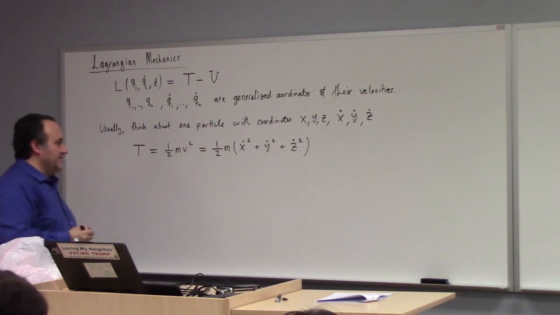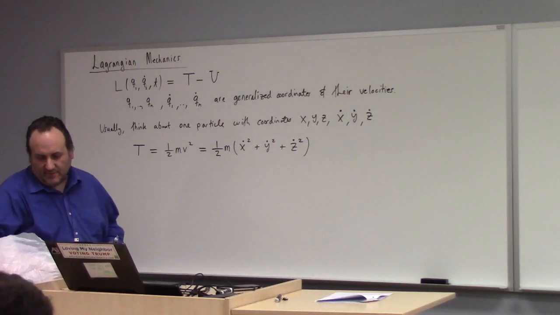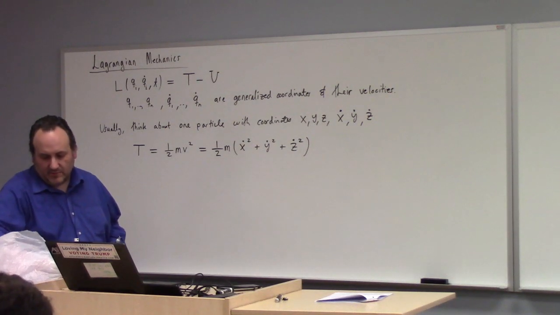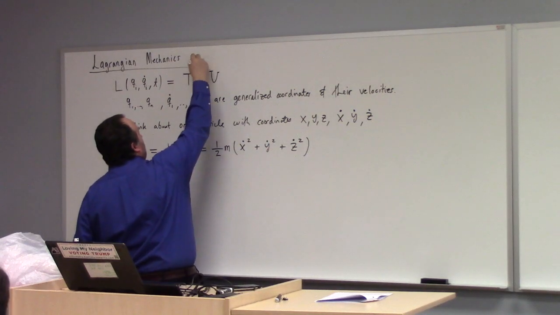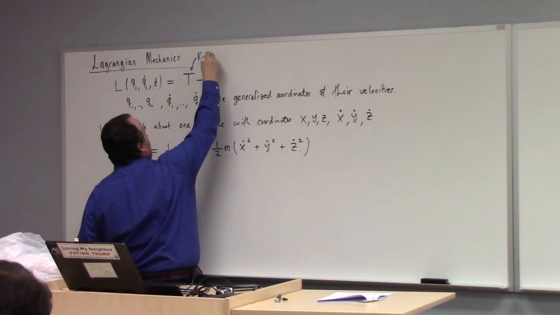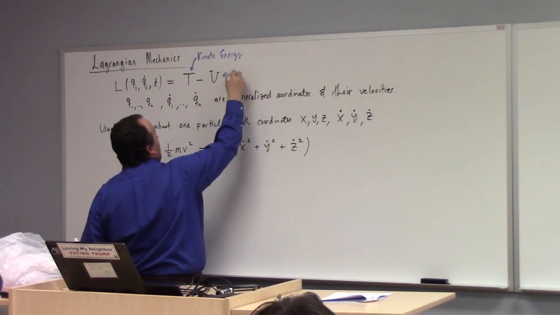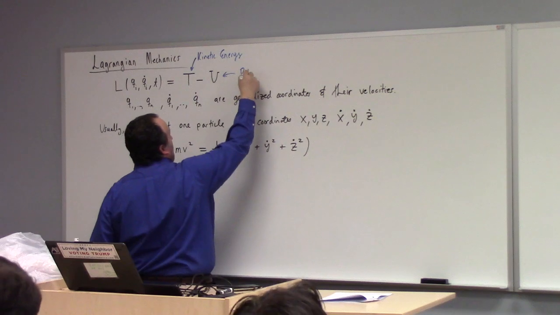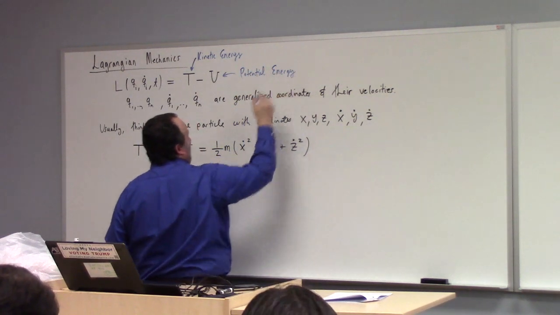So there's your handy dandy kinetic energy. And the potential energy depends on the physics of the situation, which could be a lot of different things. So this is kinetic energy, and this is potential energy. All right.